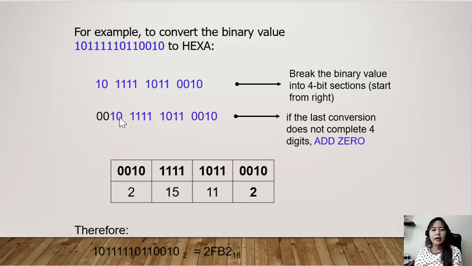And then going back to our conversion for 8 4 2 1, 0 0 1 0 is only on the position of 2, so that will be just 2. And then 1 1 1 1 is of course 8 plus 4 plus 2 plus 1, that's equivalent to 15, which in hexadecimal is letter F. And then you have 1 0 1 1, so that's 8 plus 2 plus 1, that's 11, which again is equivalent to letter B in hexadecimal.